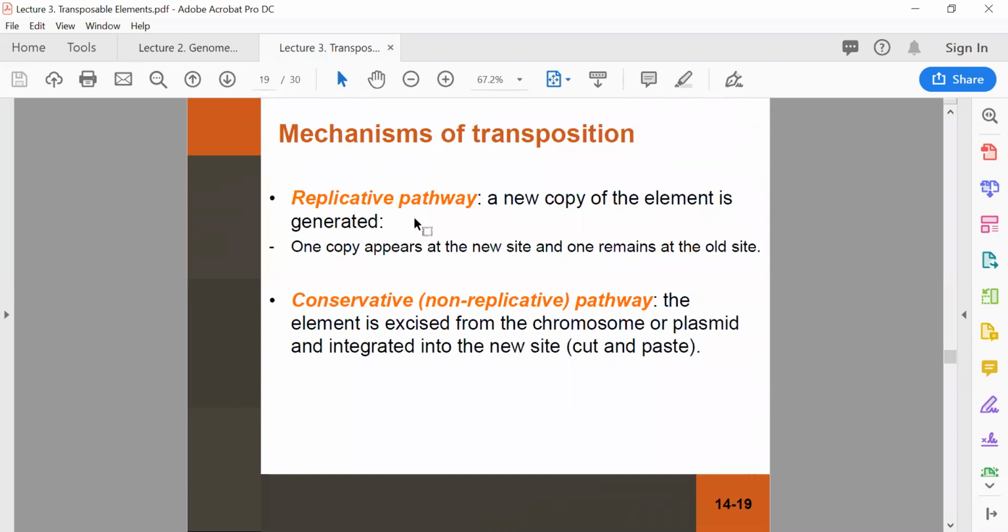In the replicative pathway, a new copy of the element is actually generated, and that copy will appear at the new site, while the original copy remains at the old site. In the conservative pathway, the element is excised from the chromosome or from the plasmid, and it's integrated into the new site. So this is referred to generally as cut and paste.